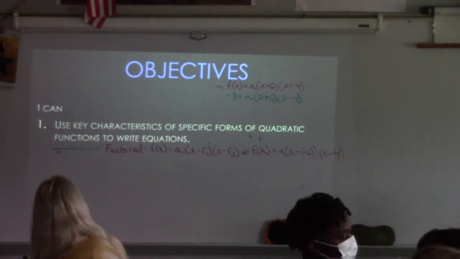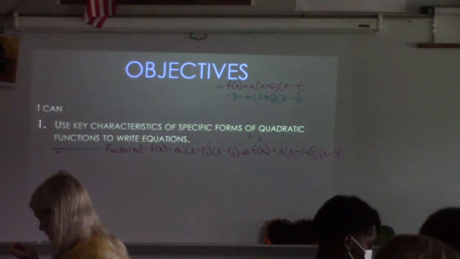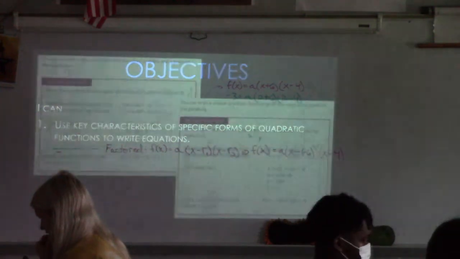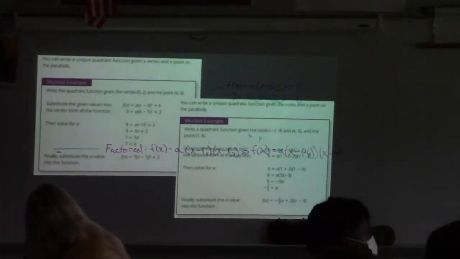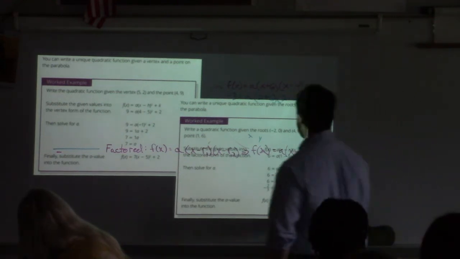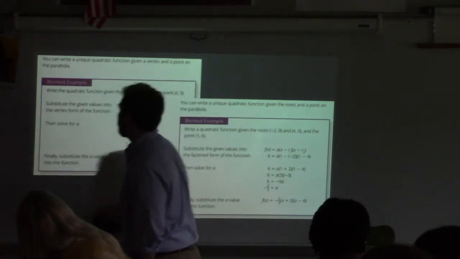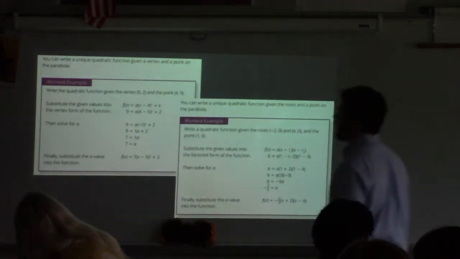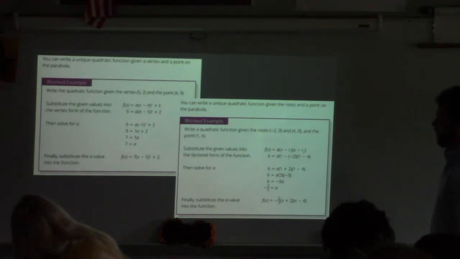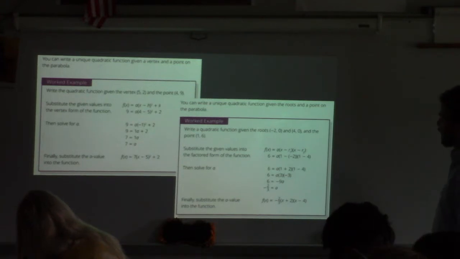So, we're trying to use key characteristics of specific forms of quadratic functions to write equations. This is the last little detail from 4.3. Oh yeah, here are those word problems, right? So, again, don't forget, this is in the book. I explained it more in the video on Friday, or when we talked about it on Friday, how they took some of these steps. So you can go to that and check it out if you want, but it also tells you pretty well exactly what to do.